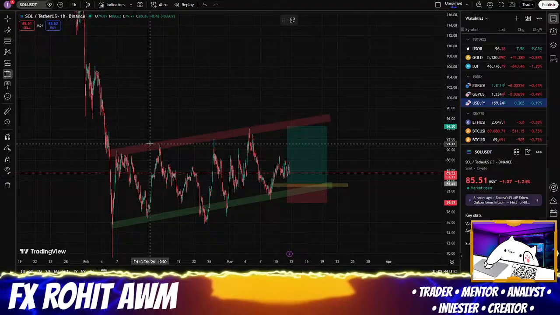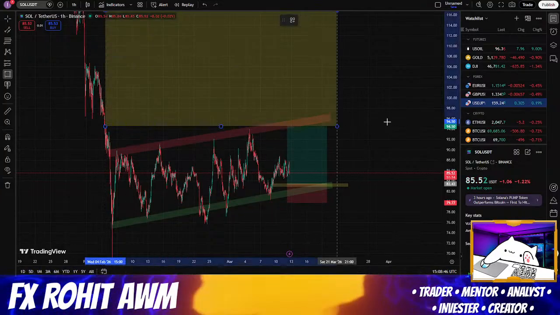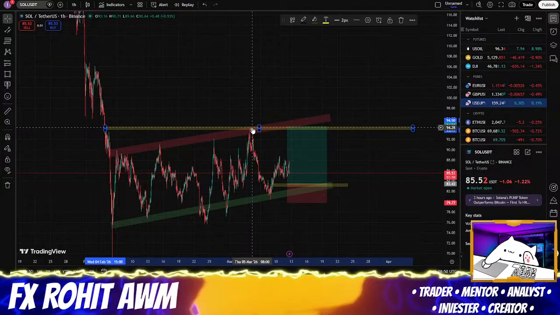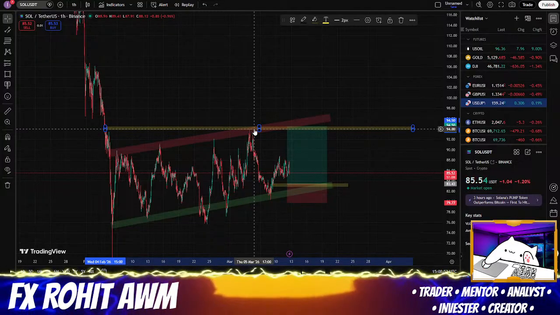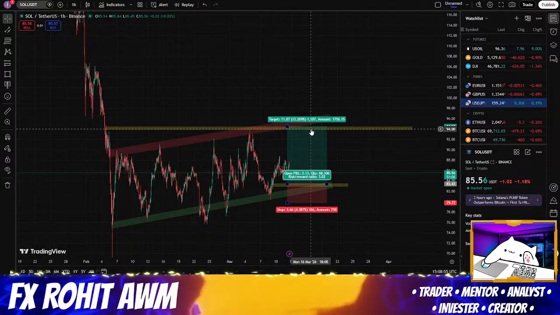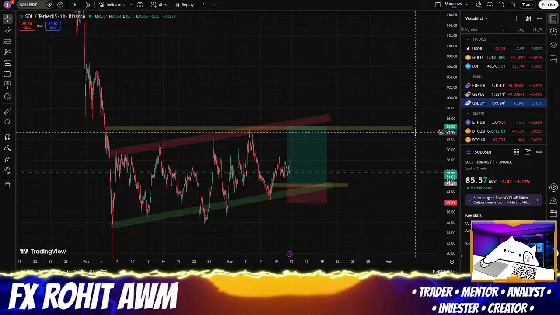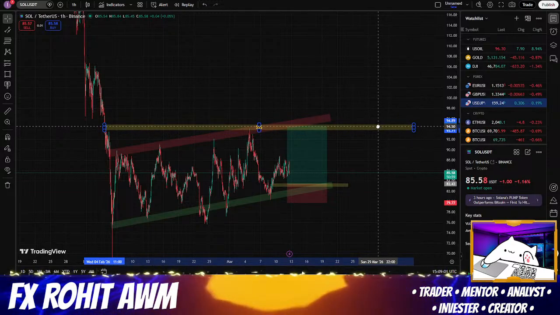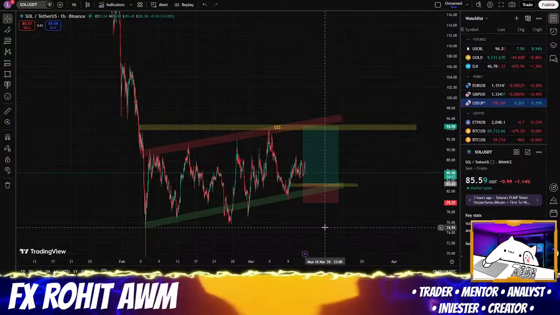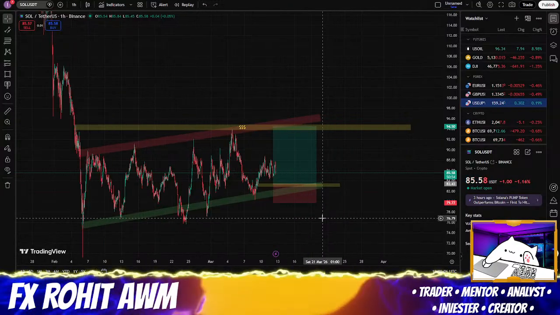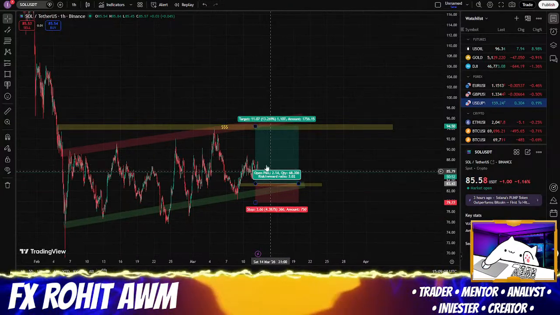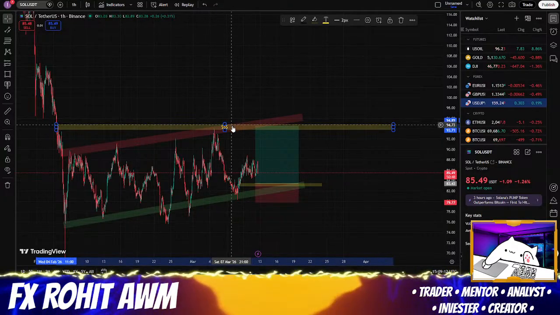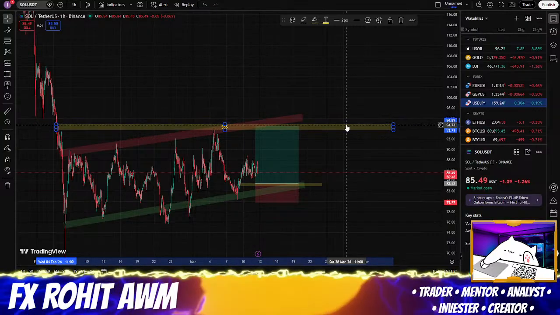Because, guys, the market has a BSL for this zone, and that zone works very pretty, because this is also an upper side liquidity zone.